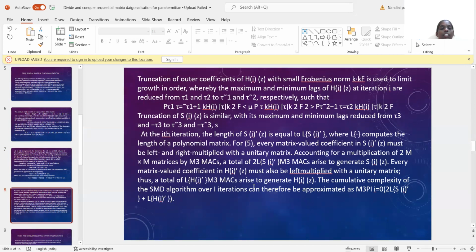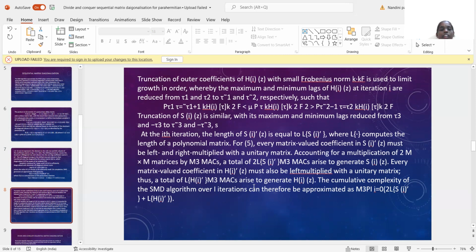At the ith iteration, the length of a polynomial matrix is computed. Every matrix valued coefficient in S must be left and right multiplied with a unitary matrix, accounting for a multiplication of m by m matrices a total of 12 times.